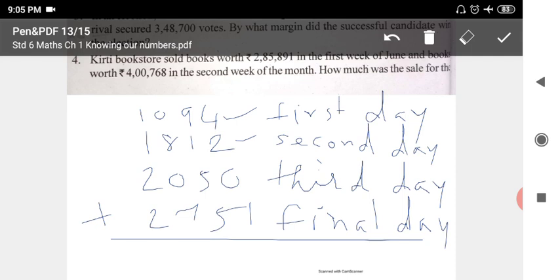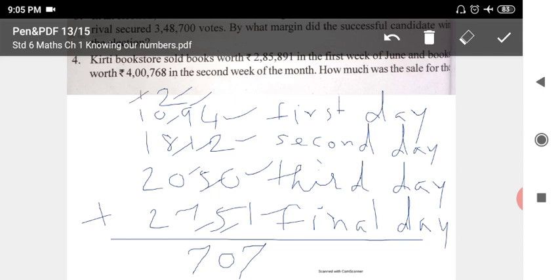4 plus 2 is 6, plus 0 means 6, plus 1 is 7. Next 9 plus 1 is 10, 10 plus 5 is 15, 15 plus 5 is 20, means 0 we put here, 2 goes up. Again 2 plus 0 means 2, 2 plus 8 is 10, 10 plus 0 means 10, 10 plus 7 is 17, 7 here, again 1 carry forward.